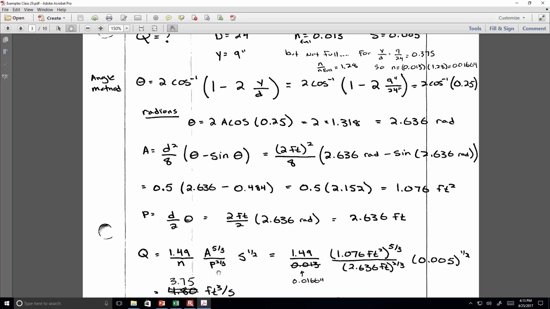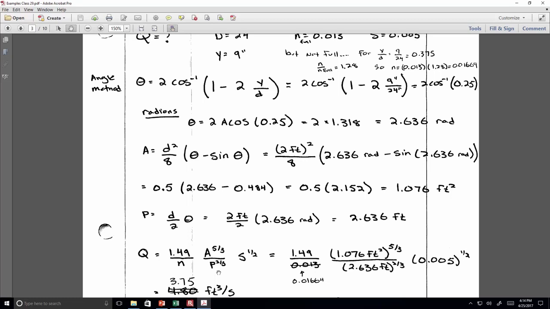The area, 1.076 square feet to the 5/3 power. We're putting in the n value, that's the corrected n value based on it not being full, so 0.01664. Wetted perimeter, and then the slope changing from percent into fractional format. 3.75 cubic feet per second.